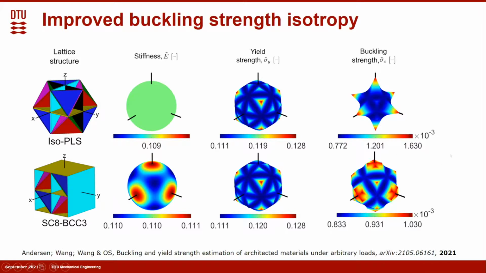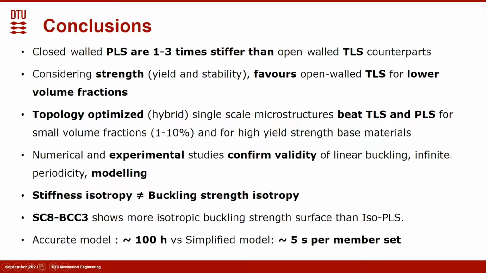And with this, I would conclude my talk. In this presentation, we show the closed wall plate lattices are 1 to 3 times stiffer than open wall truss lattices. Buckling strength or yielding strength favors open wall truss lattices for lower volume fractions.